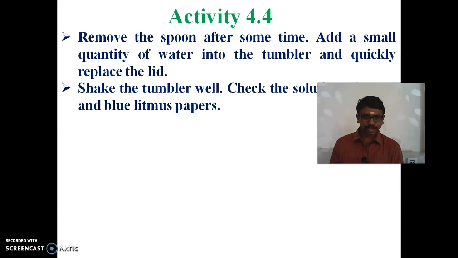Why do we have to shake? Yes, the gaseous particles. We have added some water, so that all the particles are dissolved in that water. That's why we have to shake the glass jar or tumbler well. Check the solution with red and blue litmus paper.